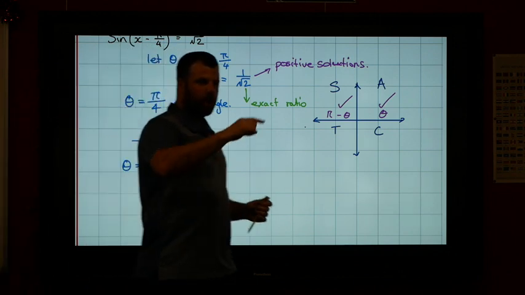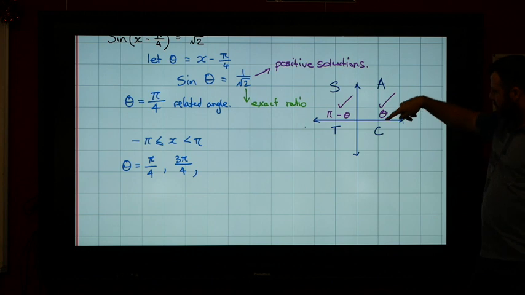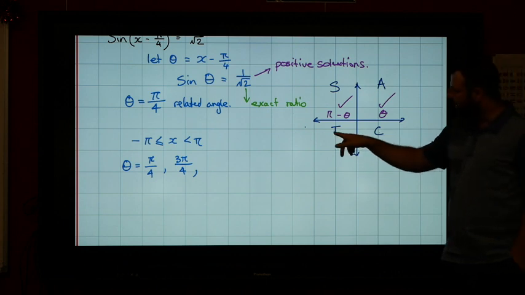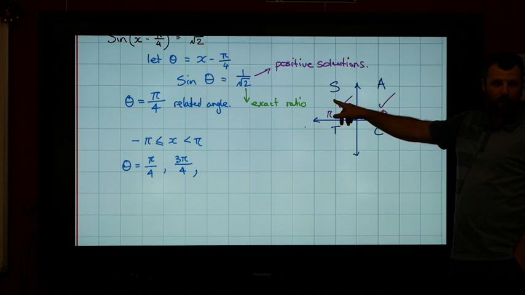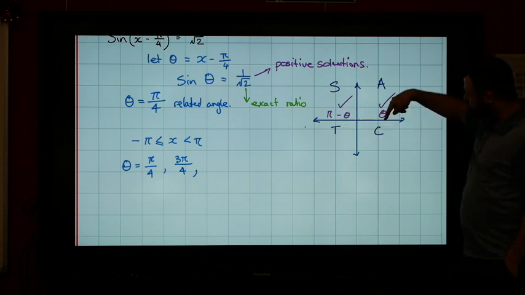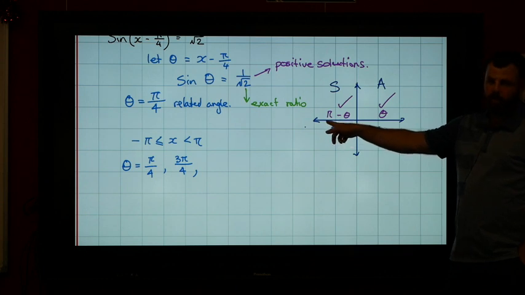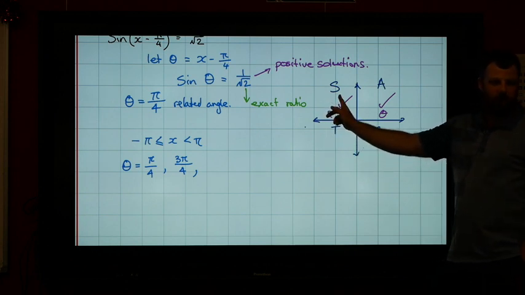Now I'm going to think about going in my negative rotation. So I'm ignoring quadrant 4 because sine's negative there, and ignoring quadrant 3 because sine's negative there. I want what's happening up in quadrant 2. In a negative rotation, going around to get to the start of quadrant 2 down here, that's negative pi. And then I need to go a little bit further, don't I?